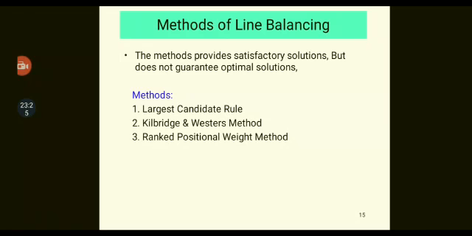Third one is the ranked positional weight method. These are the three important methods of line balancing. For each method we have problems. In the coming video we will discuss the problems related to line balancing: the largest candidate rule, Kilbridge and Wester's method, and the ranked positional weight method.